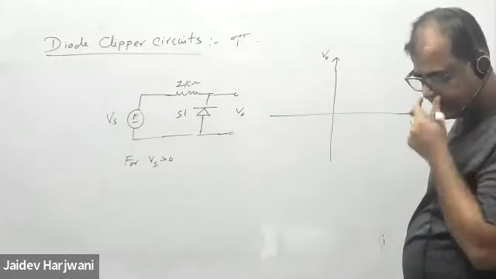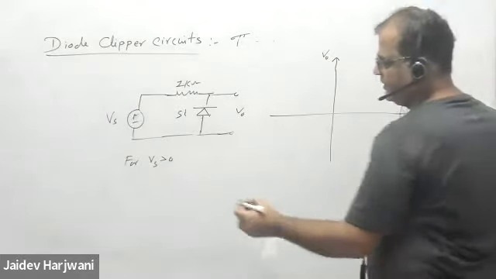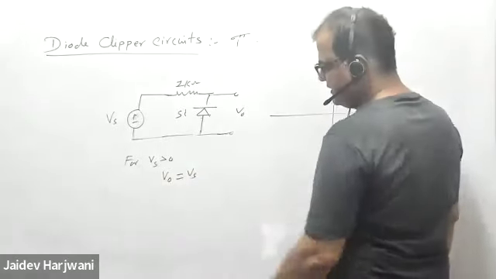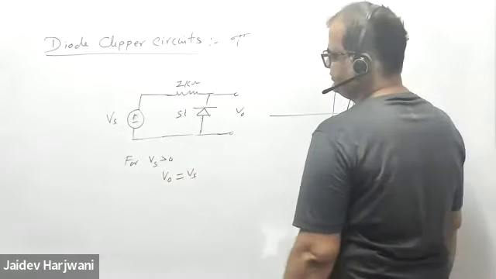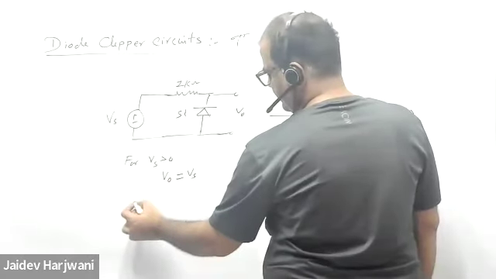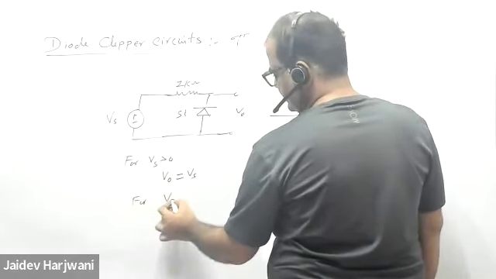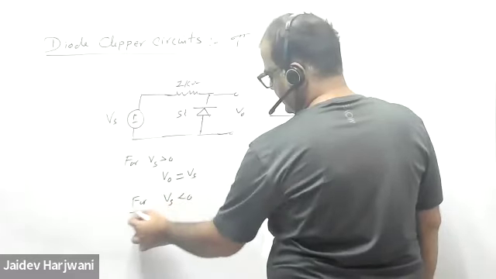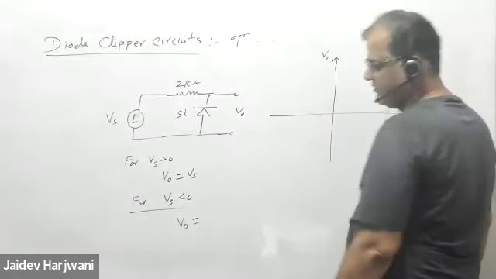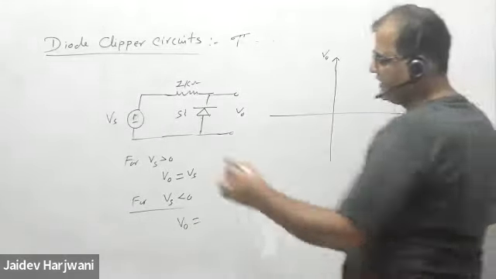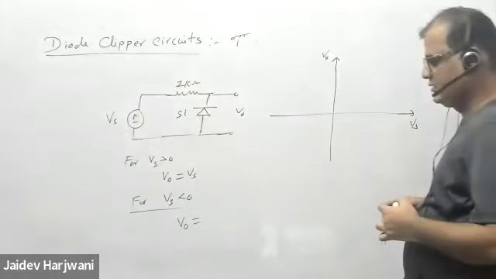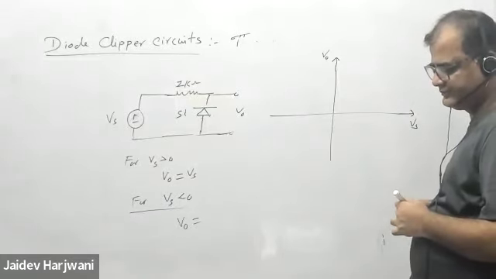The diode will always be reverse biased, so V naught will be equal to Vs. And for the Vs less than 0 part, what will V naught be? Tell me. In the reverse cycle, this becomes plus, this becomes minus, current will flow like this. So the negative part.